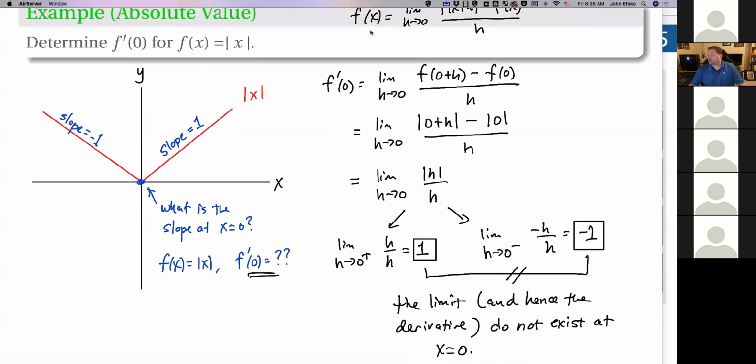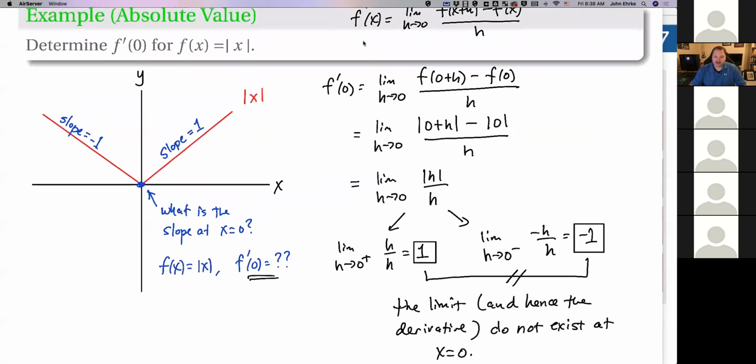So this is our first example of a function where I cannot take the derivative at a specific point. If I try to take the derivative at 0, it will fail.